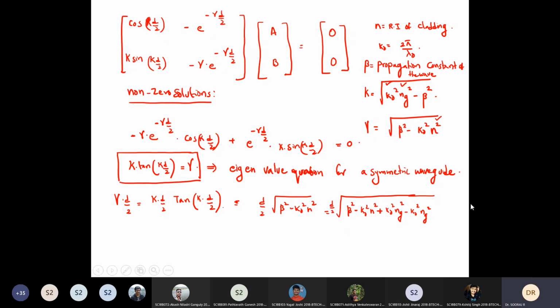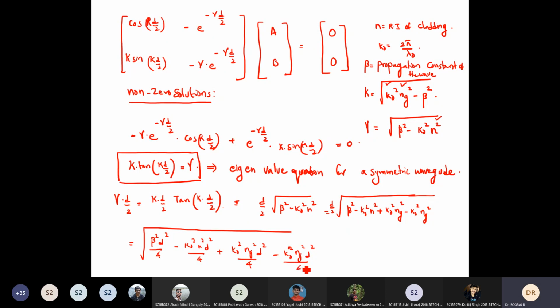Now I'm going to take d by 2 inside the bracket. So it becomes beta square d square by 4 minus k naught square n square d square by 4 plus k naught square ng square d square by 4 minus k naught square ng square d square by 4.